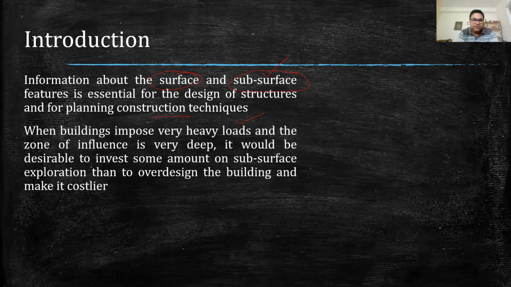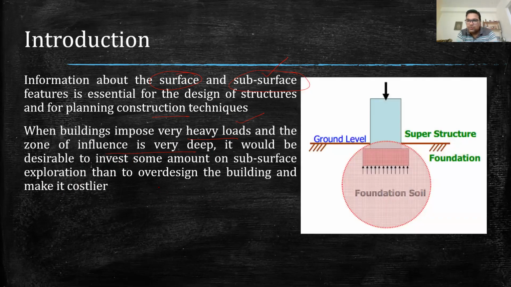So now, if a building is imposing a heavy load, then the zone of influence within the soil will be very deep. And it would be very desirable to understand the subsurface conditions through soil exploration. So what is the zone of influence?